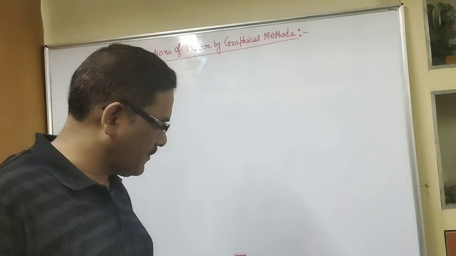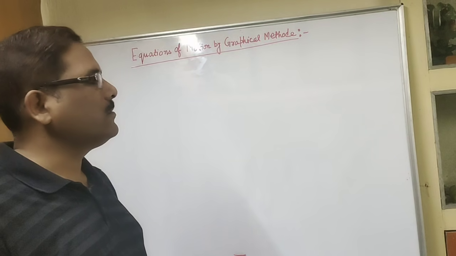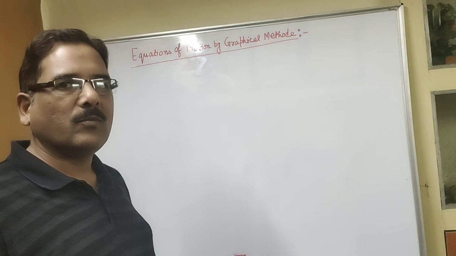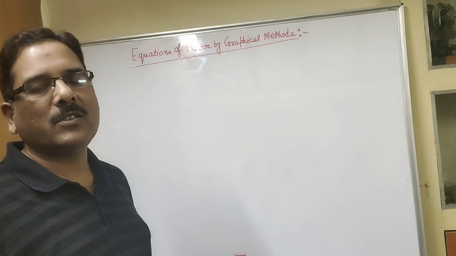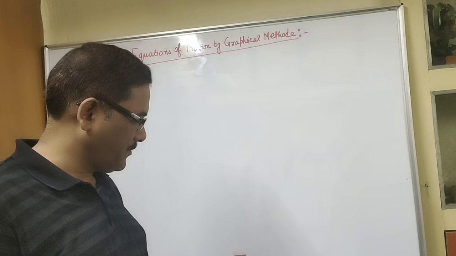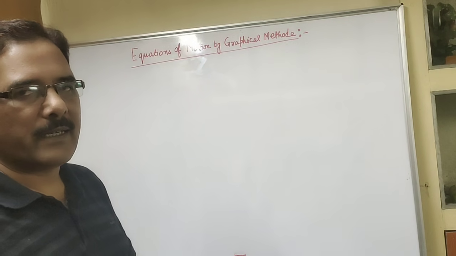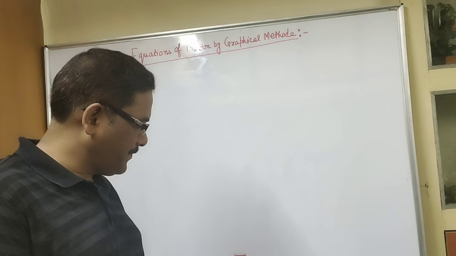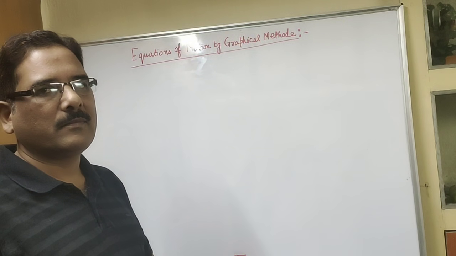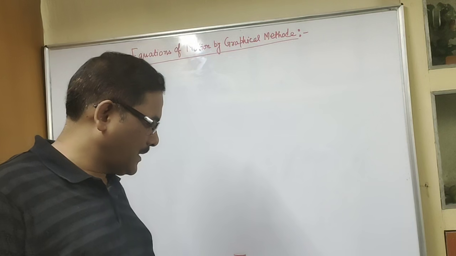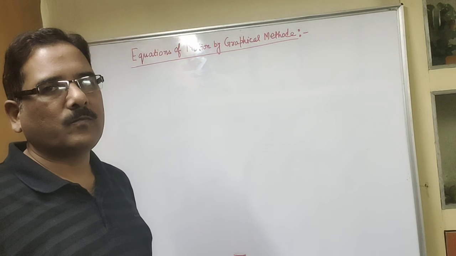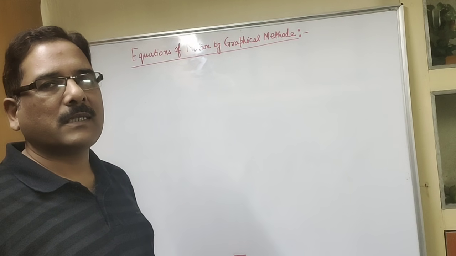So write about it. Write down: when an object moves along a straight line with uniform acceleration, we can relate its velocity, acceleration, and the distance traveled by it in a certain time interval by a set of equations.